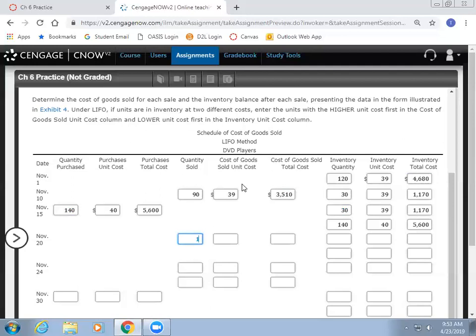So all 110 come out of that $40 price point, and your total cost is $4,400. Under LIFO, we always take the cost out of the last purchases first.